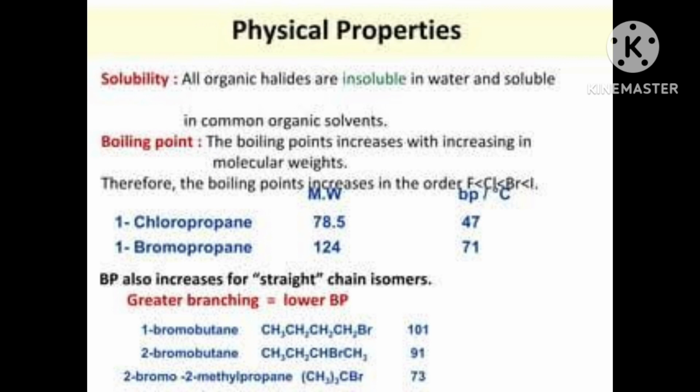If C is joining with the alkyl carbon, then it is cyanide. And when N is joining with the alkyl carbon, it is called isocyanide, also called isonitrile.